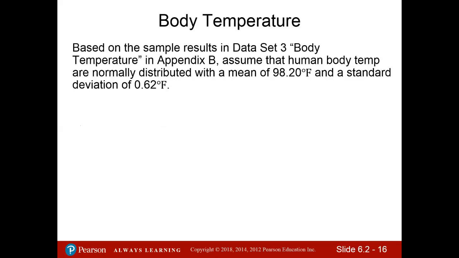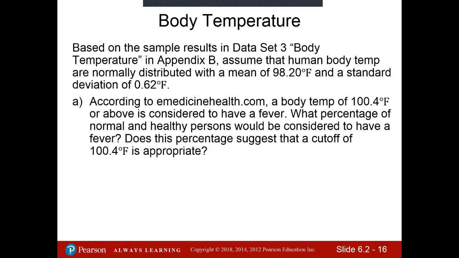Okay, so here's another example, on body temperature. Based on the sample results in the data set Body Temperature in Appendix B in the book, assume that human body temperature is normally distributed. The mean is 98.2 degrees Fahrenheit, and the standard deviation is 0.62 degrees Fahrenheit. Our question has two parts.